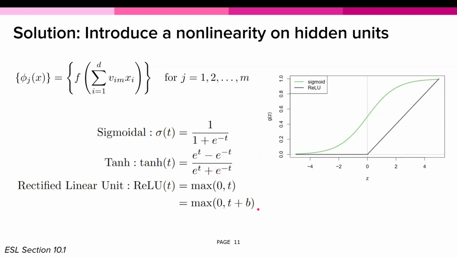In this case, if you have a trainable parameter as part of your activation, then you might not necessarily know what that nonlinear function is completely when you set up your model.